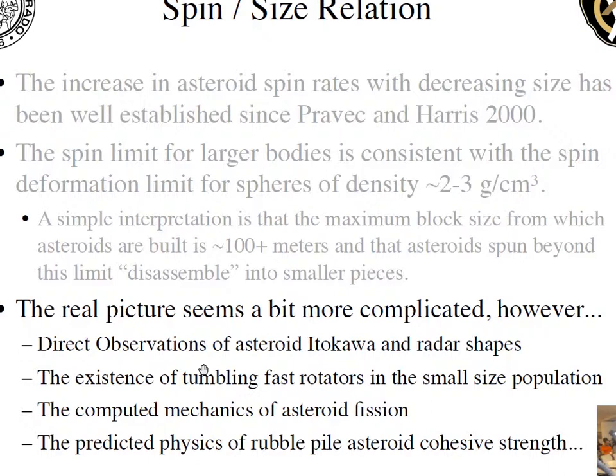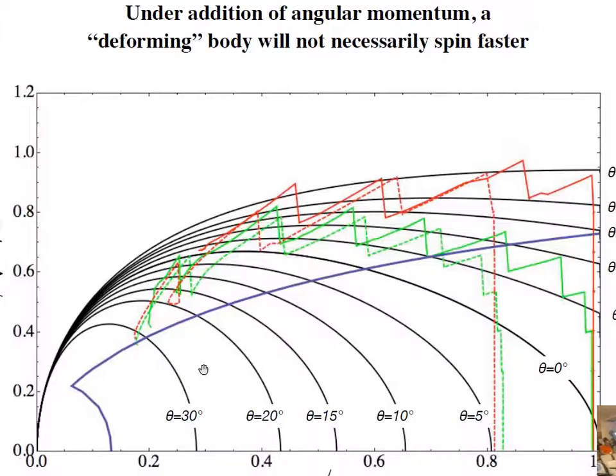In fact, if you look at idealized ellipsoids, this is a ratio of the minimum over the maximum size of an ellipsoid. These are different angles of friction, and this is a normalized spin rate. If you increase the spin rate, you get to a maximum, depending on the friction.